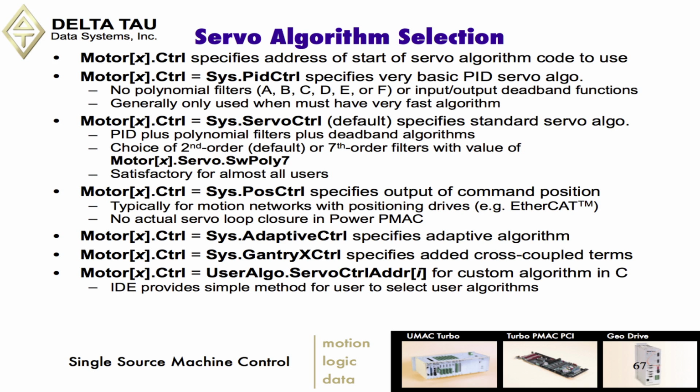And then if you want your own user servo, you would specify UserAlgo.ServoCtrl address sub I for the custom algorithm that we would set up in the C section. And we'll talk about this when we talk about the C group. We'll talk a little bit about the adaptive control and the gantry control when our servo expert comes down and talks to you about the advanced features of the IDE. That'll be probably a little bit later on tomorrow.